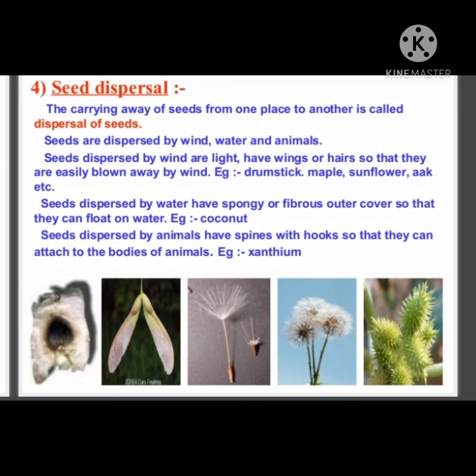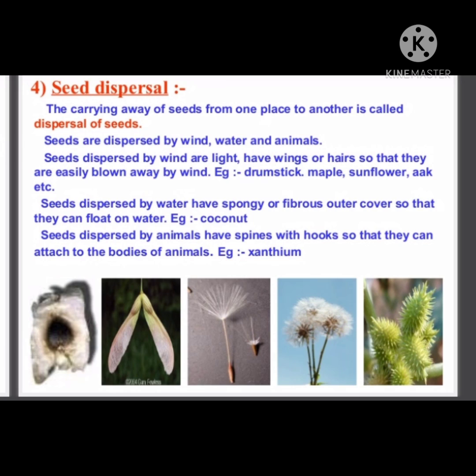Some others are carried by water, for example coconut, arecanut, etc., seeds with a hard seed coat. Some others are dispersed by animals, such as spiny seeds with hooks which trap on the skin of animals and are carried away to other places.